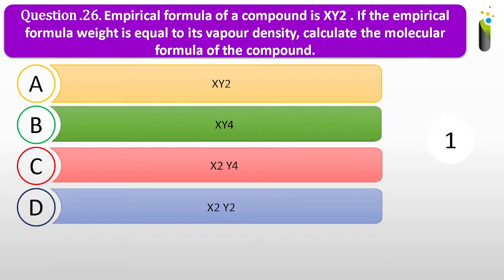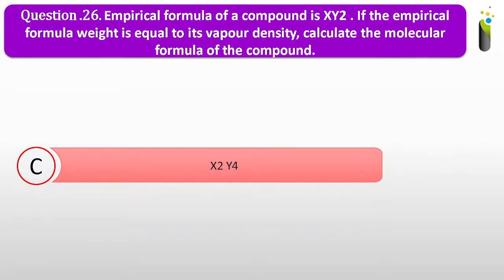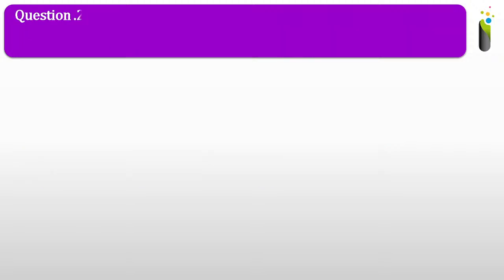If the empirical formula weight is equal to its vapor density, calculate the molecular formula of the compound. So answer me question number 26. So the answer is X2Y4.